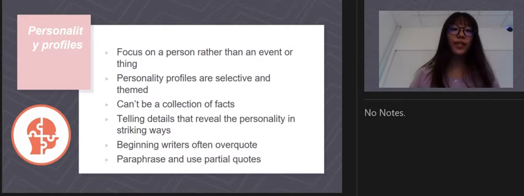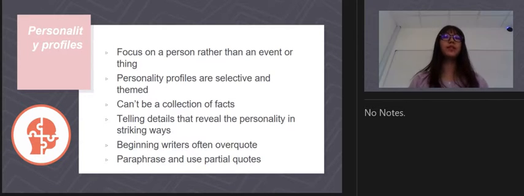Okay. Finally, we will deal with the personality profiles. This is a kind of story focused on a person rather than an event or a thing. And be sure that your personality profiles are selective and themed, which means that your personality profile cannot just be a collection of facts or information about your main character.